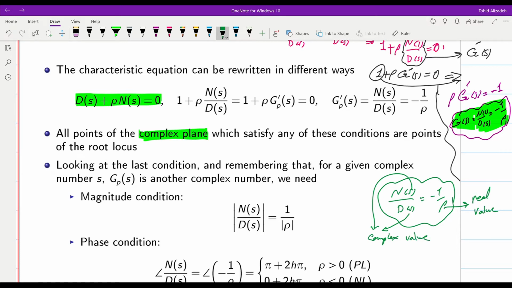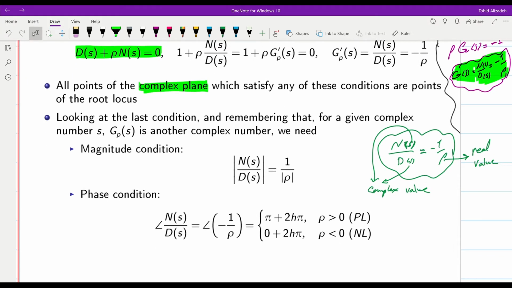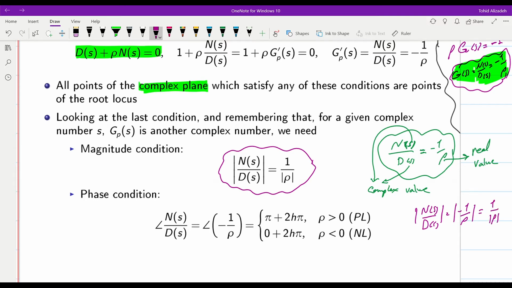So if we want to have this equality for a given value of s, we need to have the amplitude of both sides being equal to each other, and also the phase of both sides should be equal to each other. So we will have amplitude of n over d being equal to amplitude of minus 1 over rho, and this could be written in the form of 1 over amplitude of rho. We just take the minus sign, yeah? And this gives us the magnitude condition.